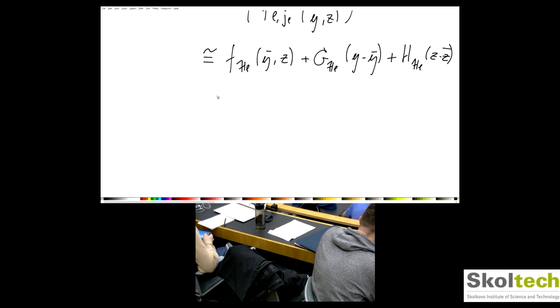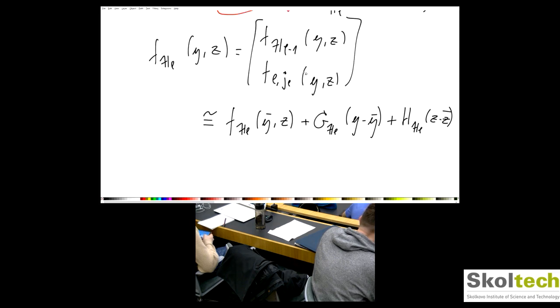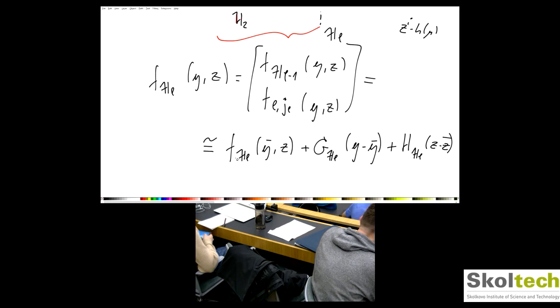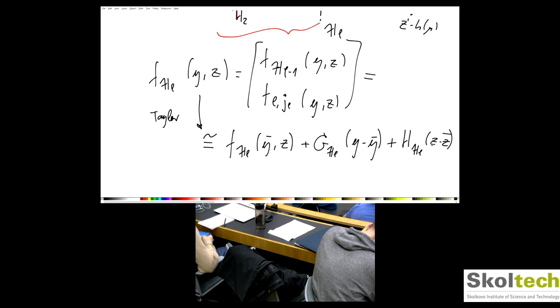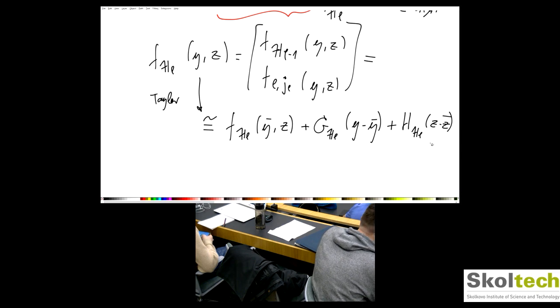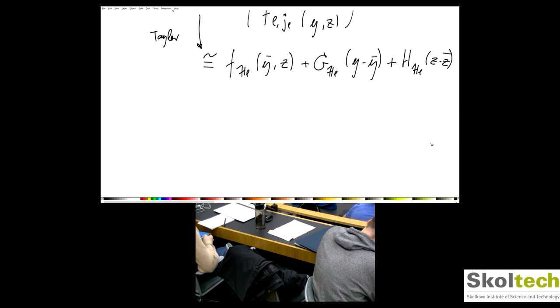How do we move from here to here? I'm just doing Taylor. You take this function, remember you are stacking here all of the observations, you do Taylor, evaluate at the mean, with Jacobians with respect to the state variable and Jacobians with respect to the observation. That's it, we don't need more. The only strange thing is what this is. Is this an observation? We said that this is the vector of innovation vectors.